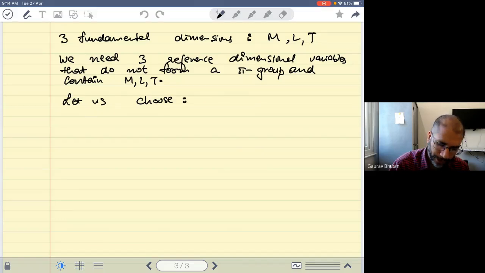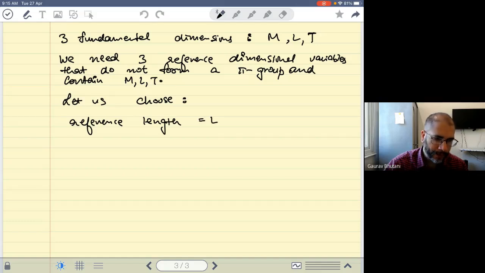First we'll choose a reference length. We'll call it L. Depending on the problem that you're dealing with, that L will have a different meaning. For example, in that aerofoil, it could be the aerofoil width, which we have been using as L till now.